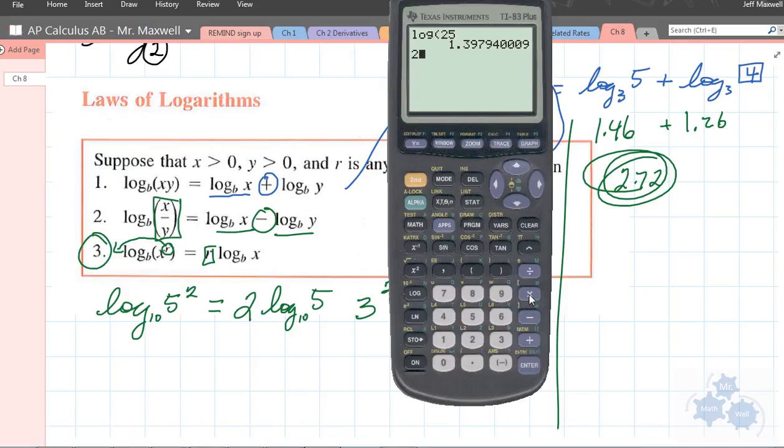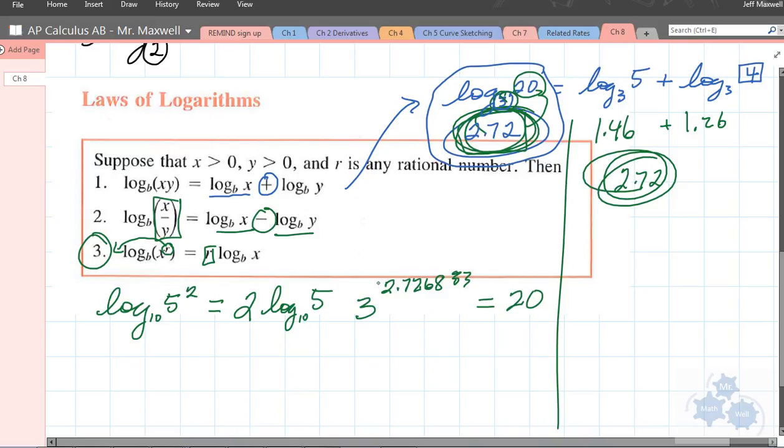So if we have 2 times the log of 5, there we go, it's the same. So if you have the exponents come down in front, it's the exact same value. So those are the laws of logarithms.